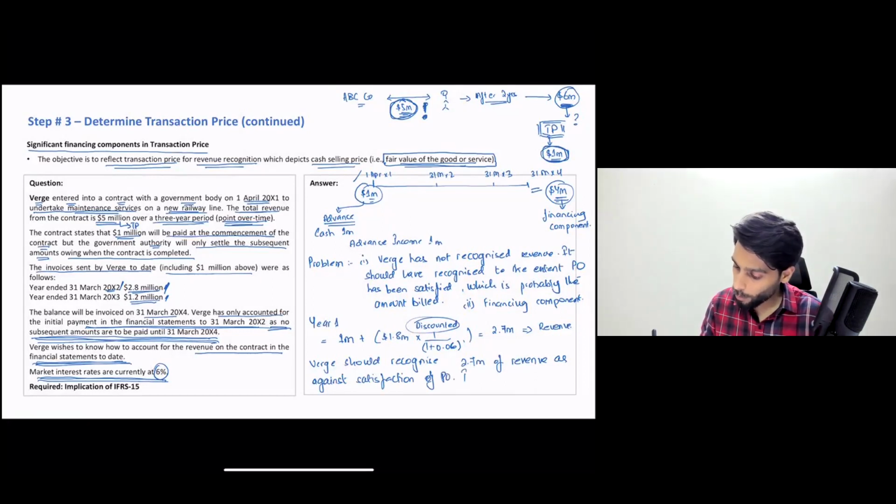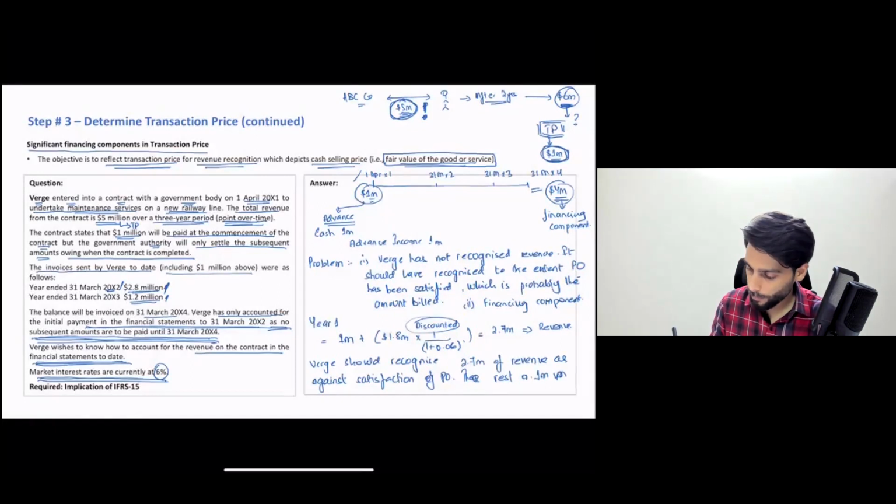The rest, 0.1 million, may be treated as interest income.